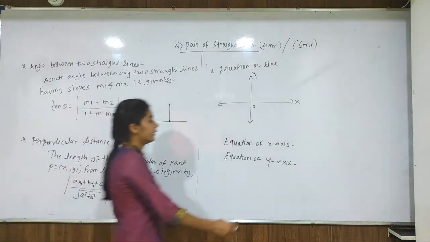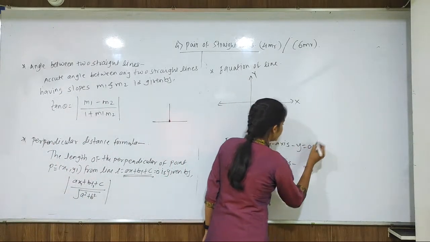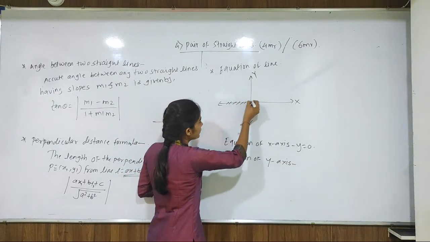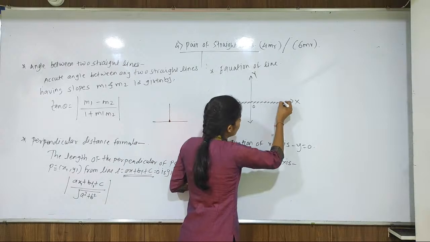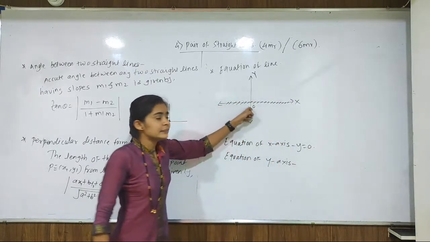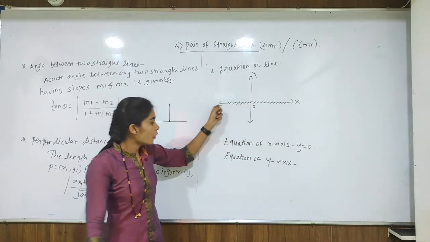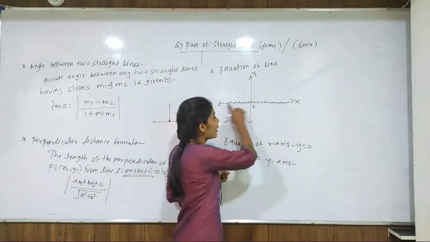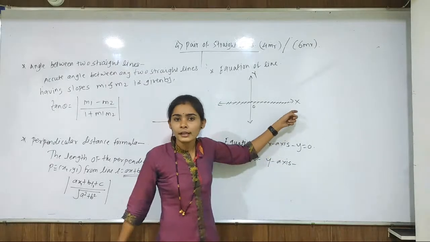Very good. It is y equals to 0 because on this x-axis, the y point is 0. So the equation of x-axis is y equals to 0 because all the values of y are 0 on the x-axis.